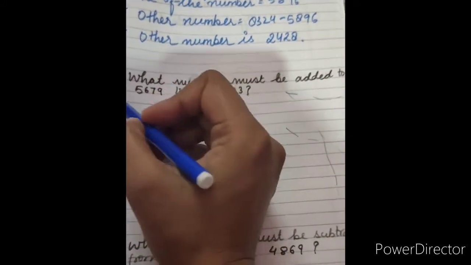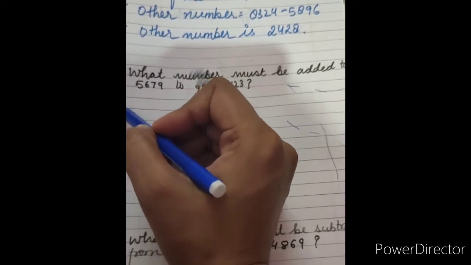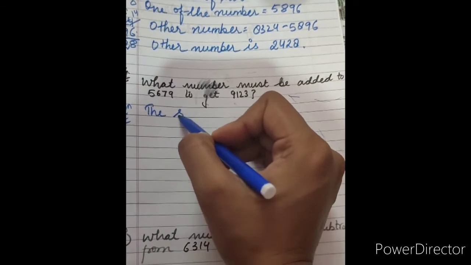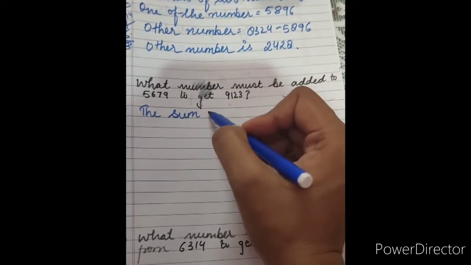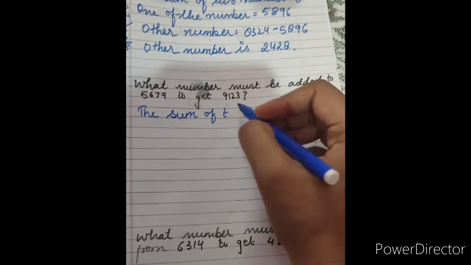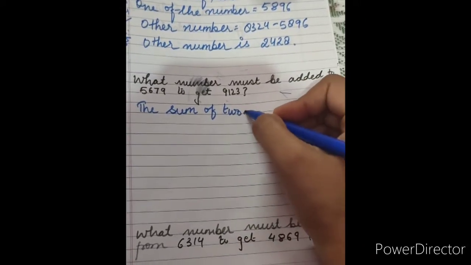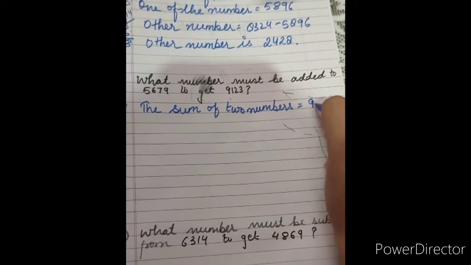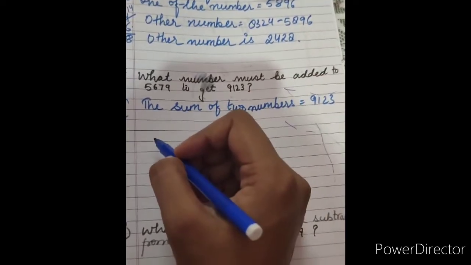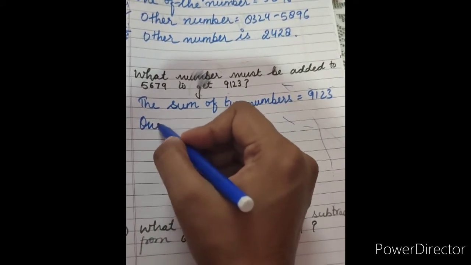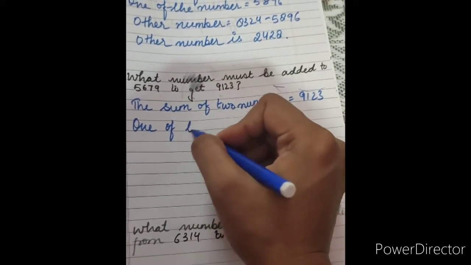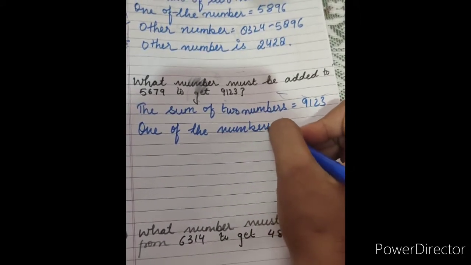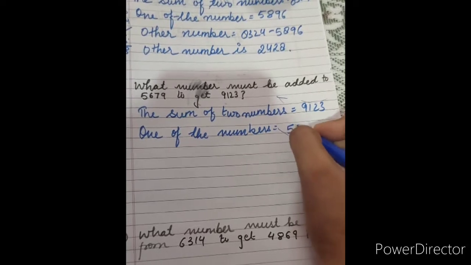And what number must be added to 5679 to get 9123, right? So now the solution: the sum of two numbers equals 9123, and one of the numbers is 5679.